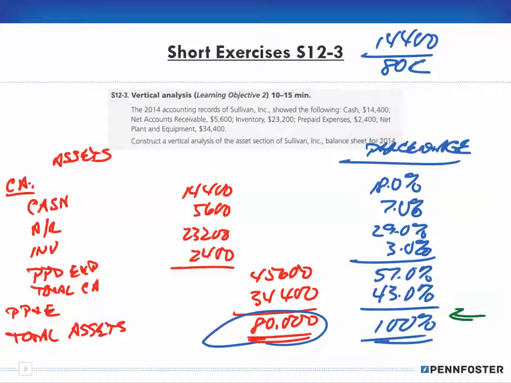And notice here that I can add these up in order to get this number. So I only have one figure left, I could just subtract, right, in order to get the 100%. So if I take 57% and subtract it from 100%, that'll give me the 43%. So I don't have to do the division.